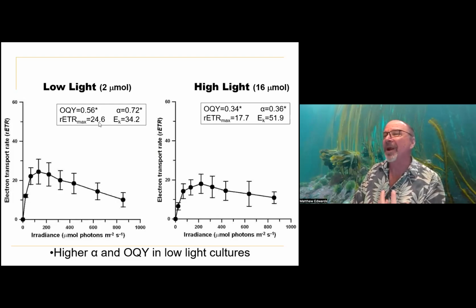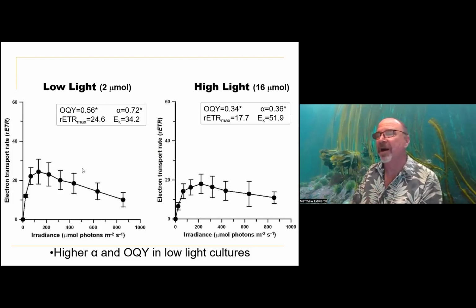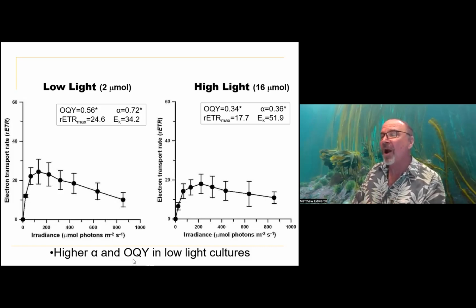Maximum rate of electron transport drops. Saturation goes up. This is saturation irradiance, but it's brighter light. So what this tells us is that these microscopic stages seem to do better under low light. They have higher photosynthetic efficiency alpha and quantum yield under low light conditions.